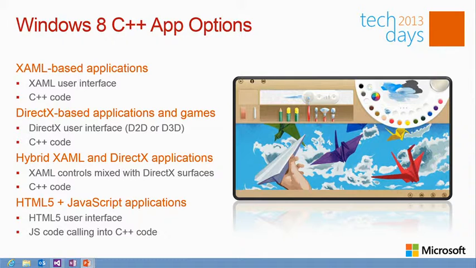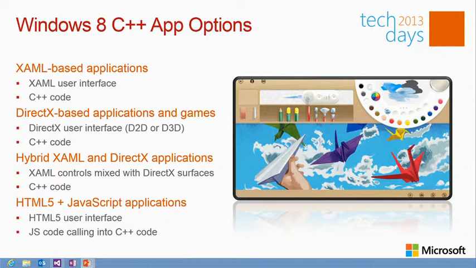Or you can create a JavaScript application and just use C++. And you can use C++ as a way to power the very performance-sensitive aspects of your application. So there are many places to use C++ in Windows 8 applications. And the choice of which one is really up to you. But there is a place when you really need the power and performance to be able to find C++ and use it there.